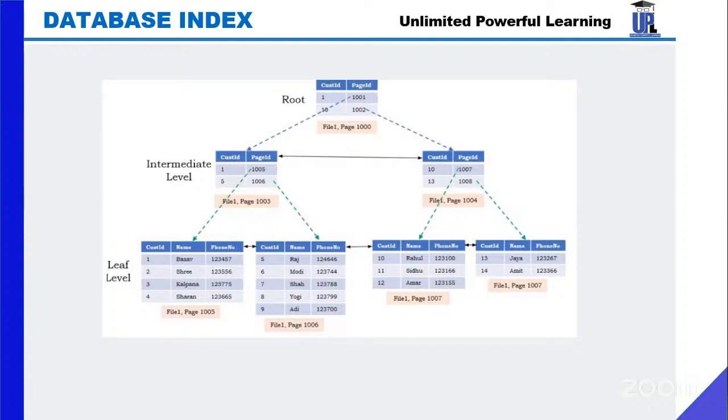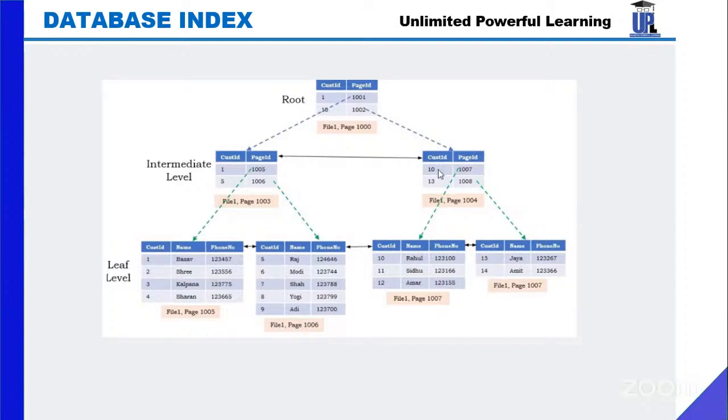So at this moment, let us imagine that there is a customer ID, and that is the primary key. Based on the primary key, I can create the records 1 to some number, like file 1 having pages 100, 4, 5, 6 up to 6 here.